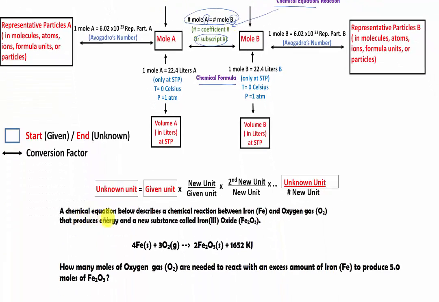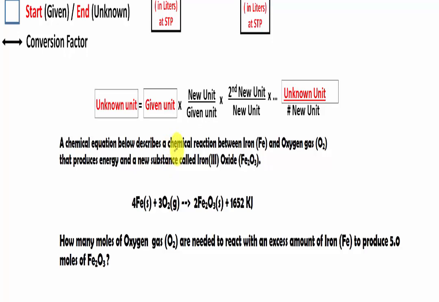We have a chemical equation below that describes a chemical reaction between iron and oxygen gas that produces energy, which we know is in joules or kilojoules, and a new substance called iron 3 oxide, which is right here. So this is a chemical equation that describes the chemical reaction.